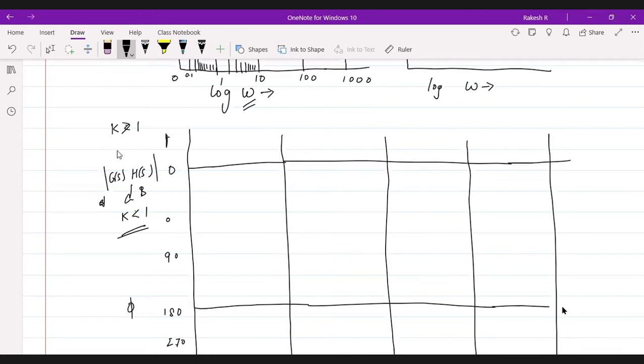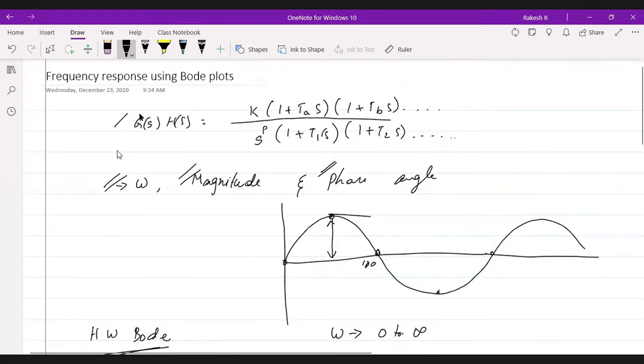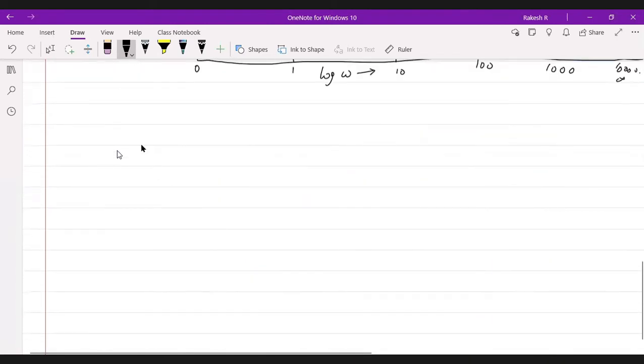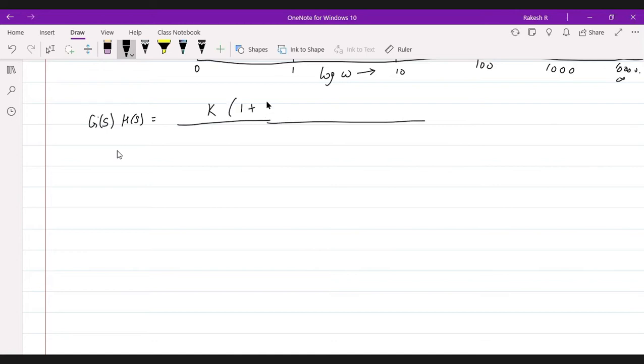Before that, I have written the equation: g of s into h of s is k into 1 plus tas into 1 plus tbs, etc., divided by s power p into 1 plus t1s into 1 plus t2s, etc. It might be continuing.